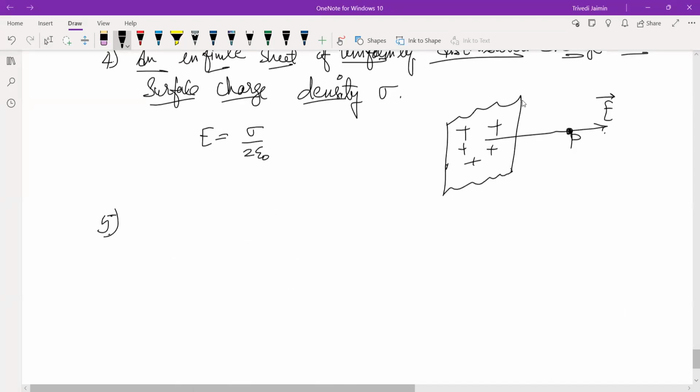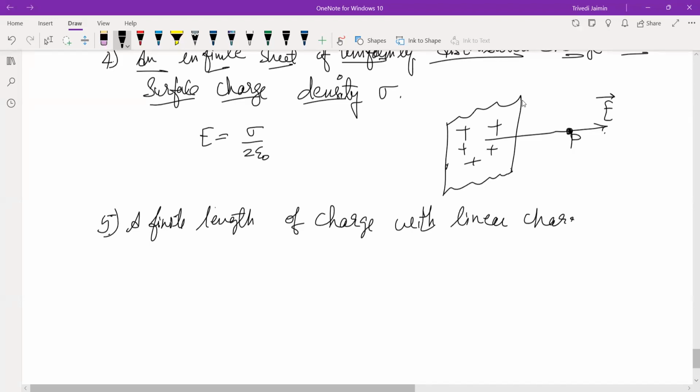Same way, first we will write linear charge density. A finite length of charge with linear charge density lambda.